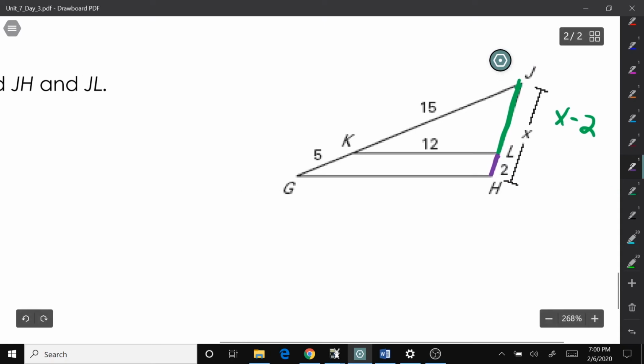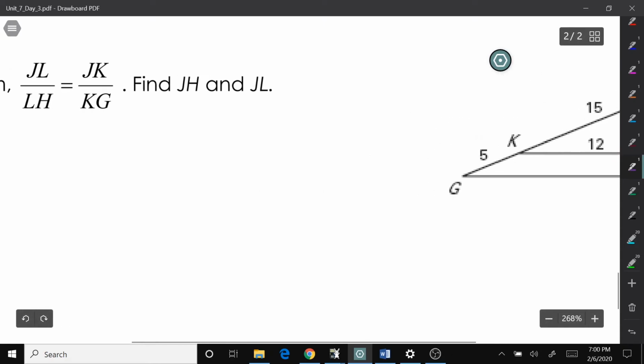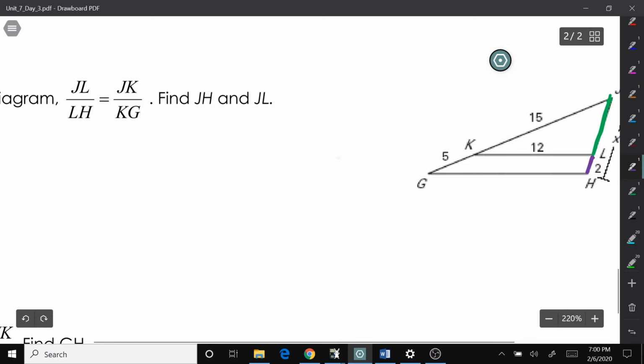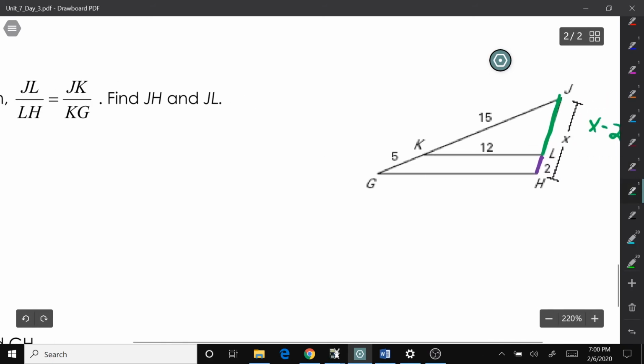So now let's look at the proportion that we're given here. It says JL over LH. Okay, so JL we said was x minus 2 over LH.